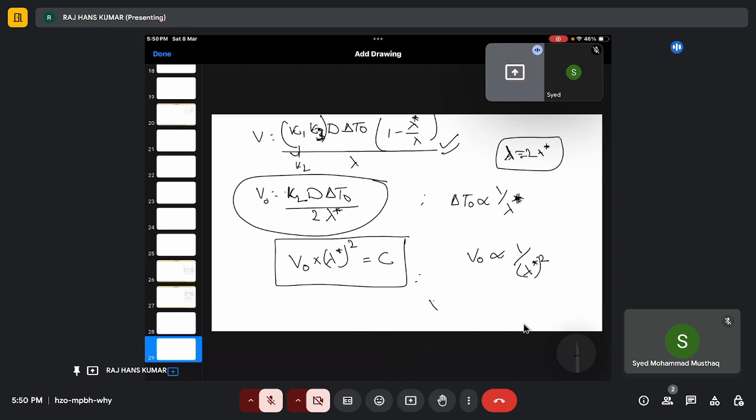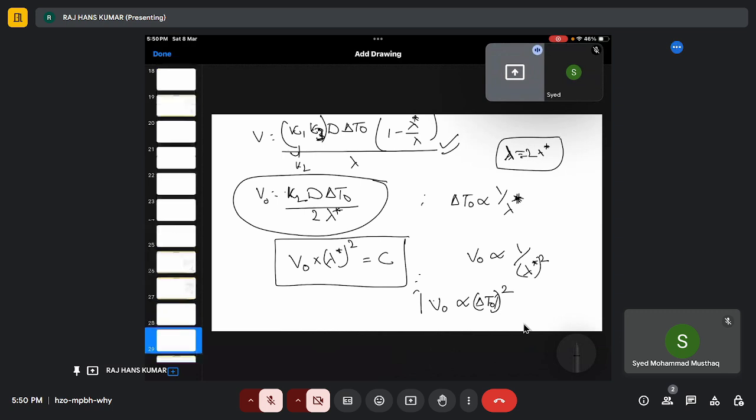V naught is directly proportional to delta T naught whole square. If undercooling increases, then V naught will be increased by the square of it, for example if doubled, four times. Right. So this is all about the growth.